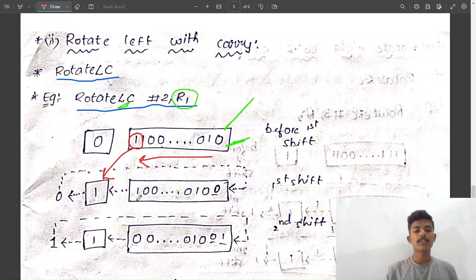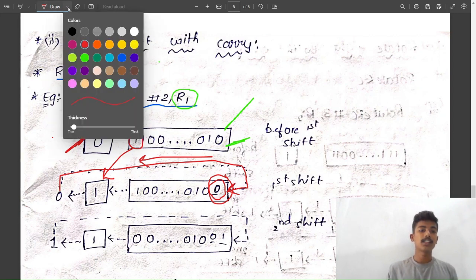After transferring, we get 1 0 0 0 1, so on 0 1 0, and here a vacancy is created, and this vacancy is filled by the carry. As we have taken, by default the carry is 0, so the carry which is eliminated will replace this vacant position. Now let us see the second shift.